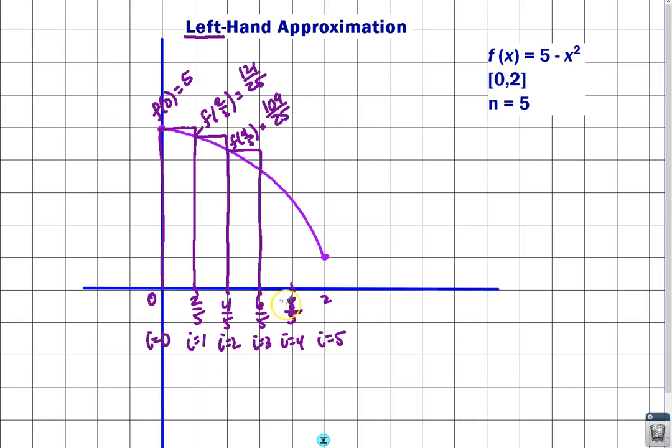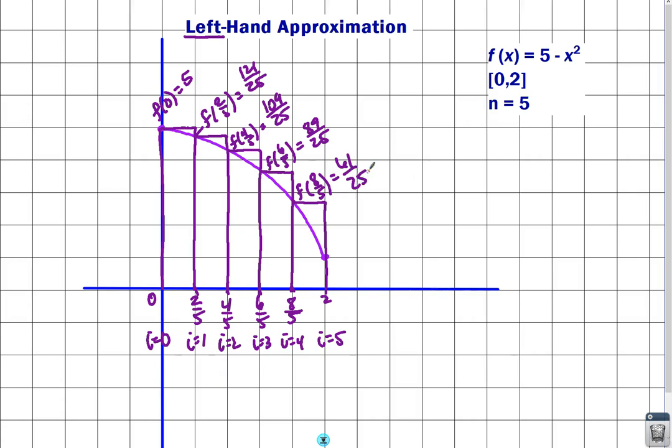So between 6/5 and 8/5, the height's going to be on the 6/5. So f of 6 over 5, which was 89 over 25. And then f of 8/5 right here. Between these two, that's going to be the height. So then f of 8 over 5, which again we already know was 61 over 25.